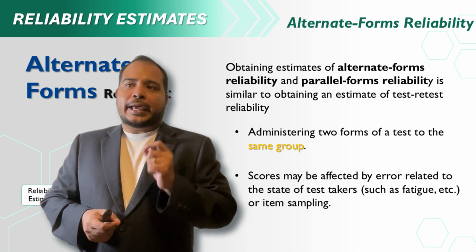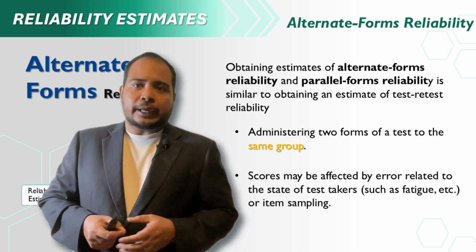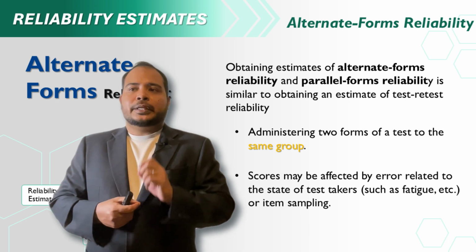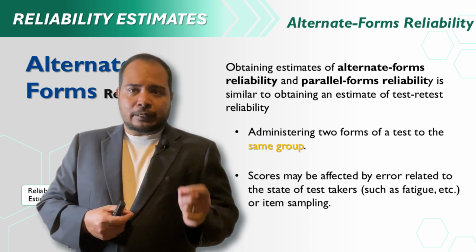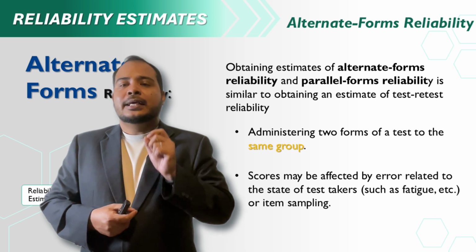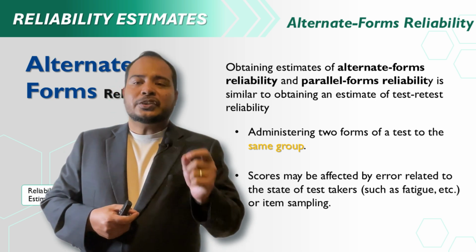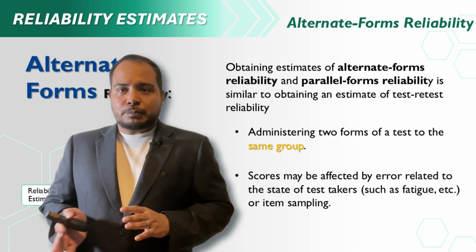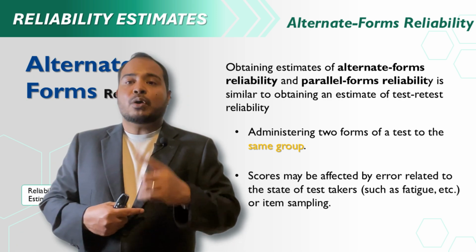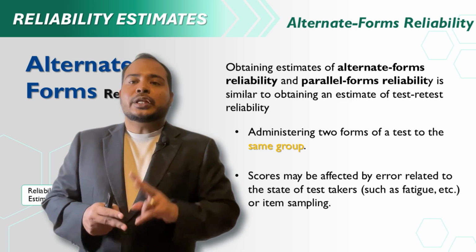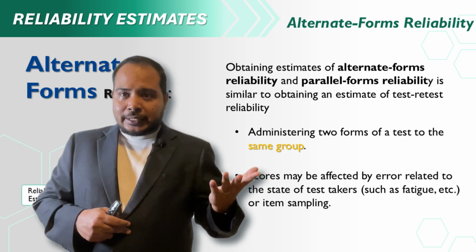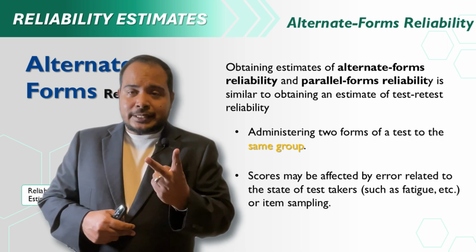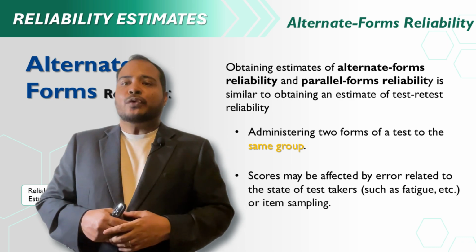Obtaining an estimate of alternate form or parallel forms reliability is similar to obtaining an estimate of test-retest reliability. Similar in what sense? Similar only in the calculation of correlations. But it is different because we collect data only once, using two forms. For test-retest reliability, we collect data twice using only one form.